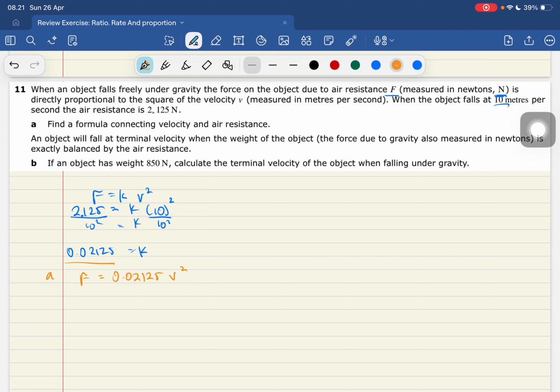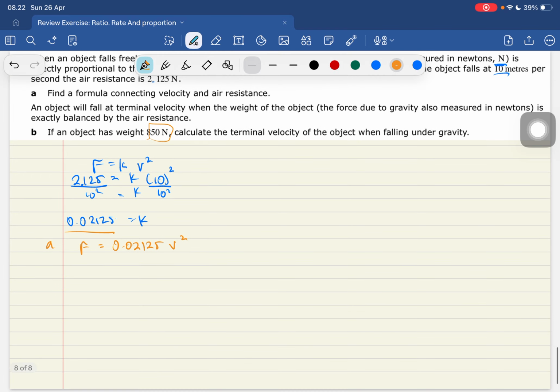Okay, if an object has a weight of 850, calculate the velocity under gravity. So 850 equals 0.02125 times velocity squared.